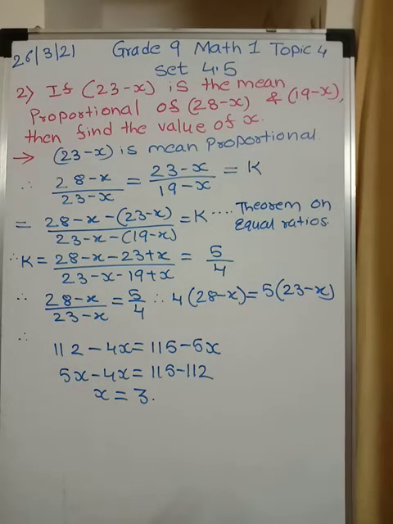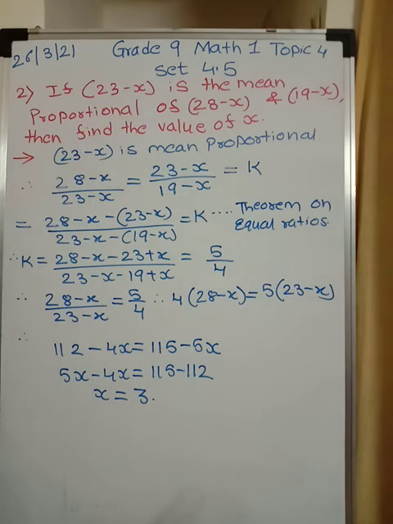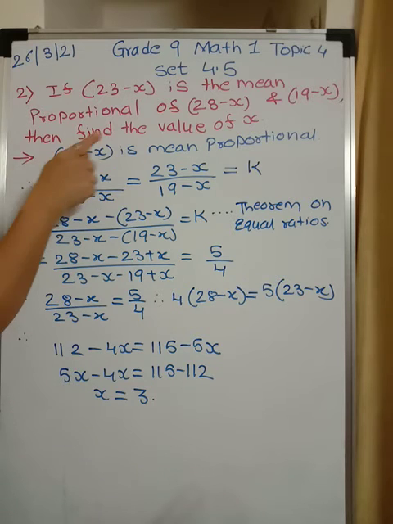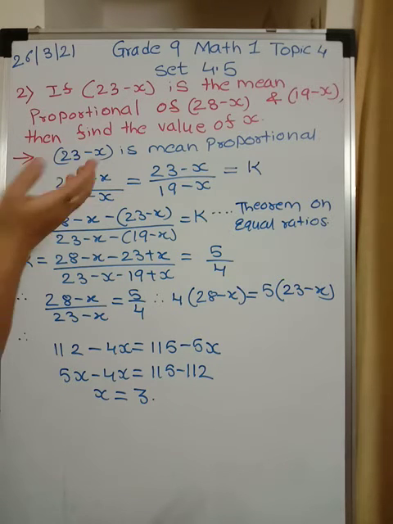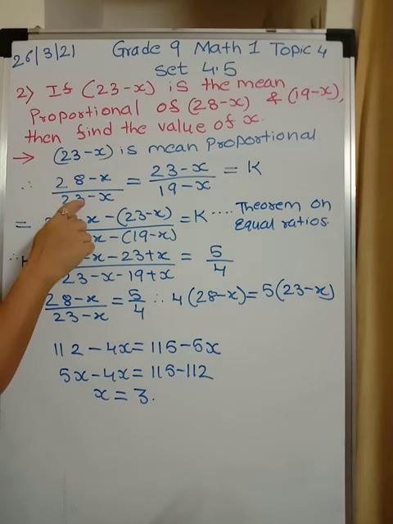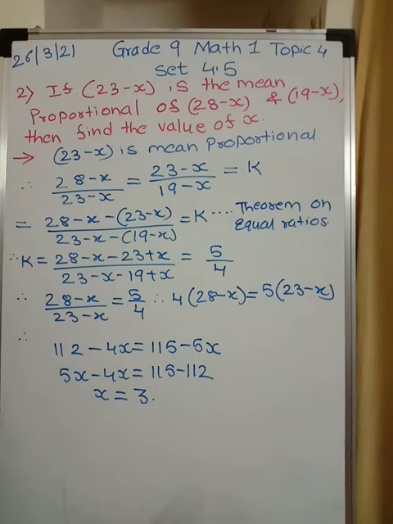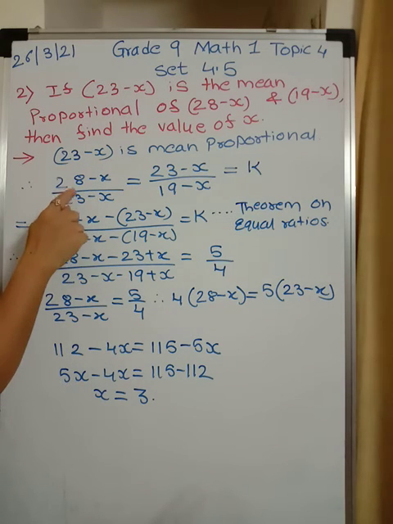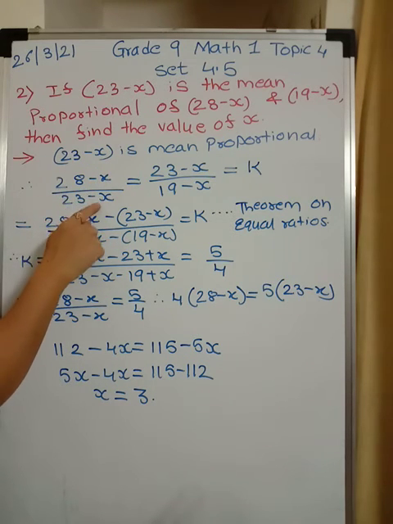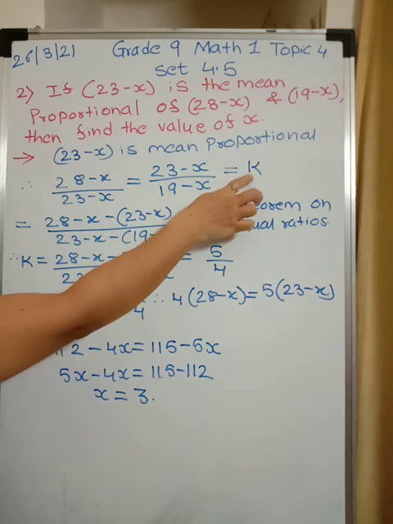Now look at the second problem. It is similar to the first one. If 23 minus x is the mean proportional of 28 minus x and 19 minus x, then find the value of x. Straightforward problem. So we know 23 minus x is the mean proportional. So 23 minus x will be repeated twice, once in the denominator, once in the numerator, in equal ratios. So you have 28 minus x upon 23 minus x equal to 23 minus x upon 19 minus x, and let these two ratios be equal to k.